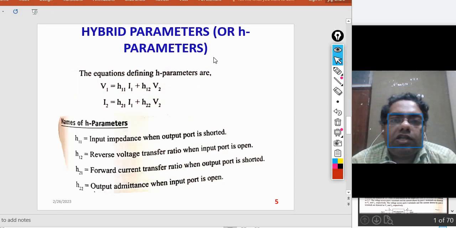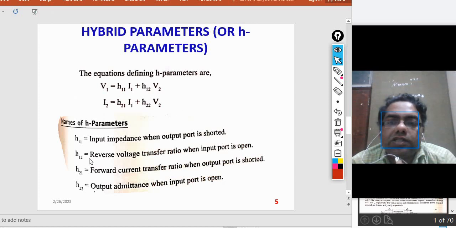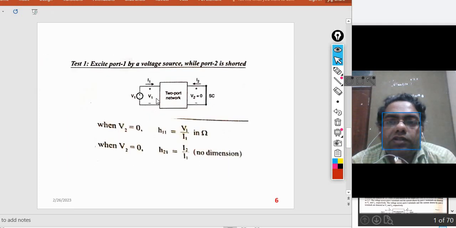Similarly, we have another parameter called the hybrid parameter or H parameter. It is defined as V1 equals H11 I1 plus H12 V2, and I2 equals H21 I1 plus H22 V2. That is how these four parameters are defined. H11 is input impedance. How we obtain them depends on the measurement. Suppose we excite the input port with voltage source V1 and short circuit the output port.